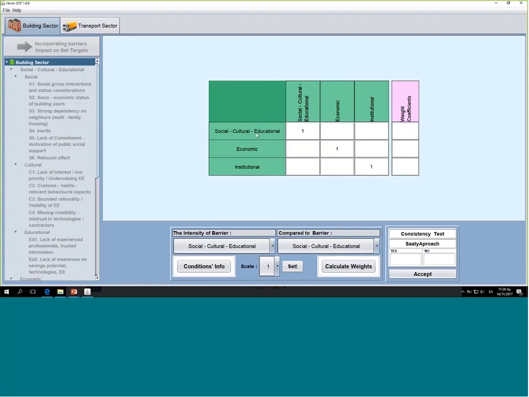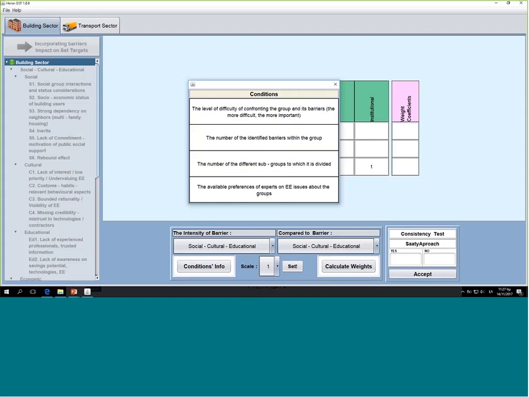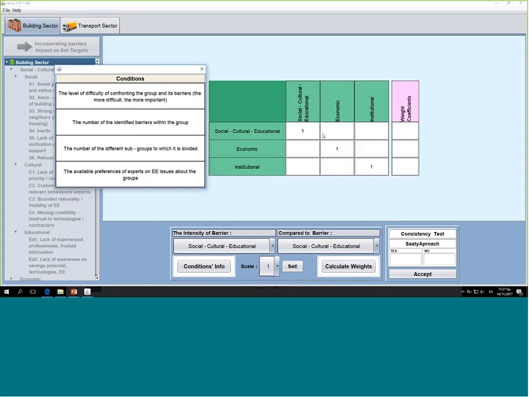So when we compare social, cultural, education with itself, it's 1 because they are equal. If we need now to compare the first main group with the second one, we need to take into consideration conditions that allow us to have a clearer opinion of which is more important compared to the other.